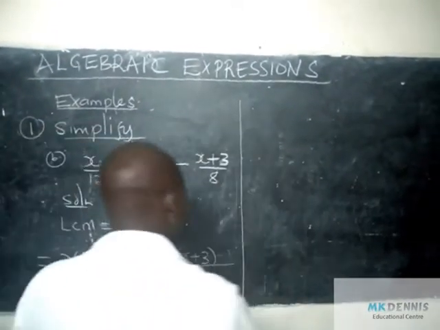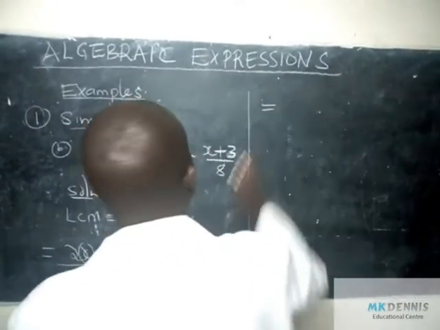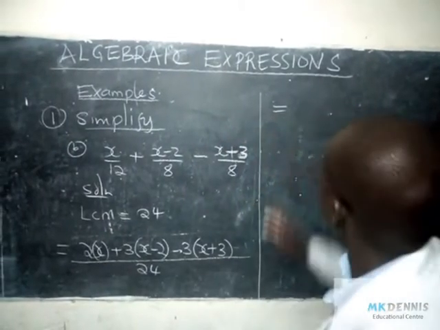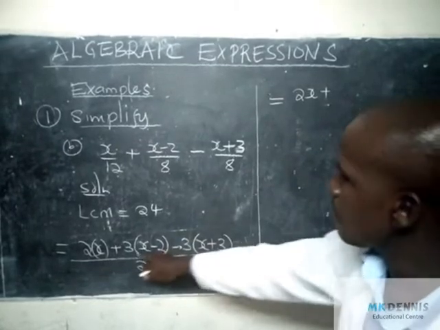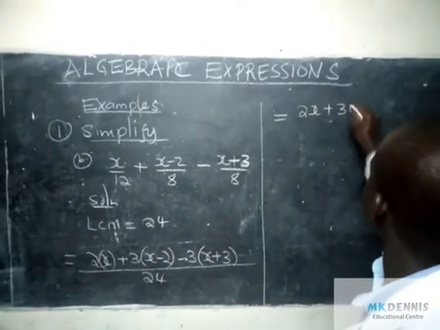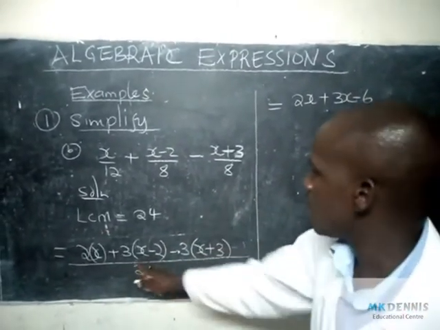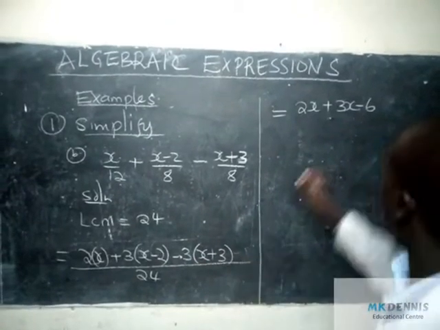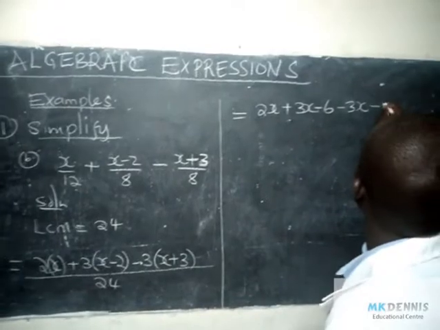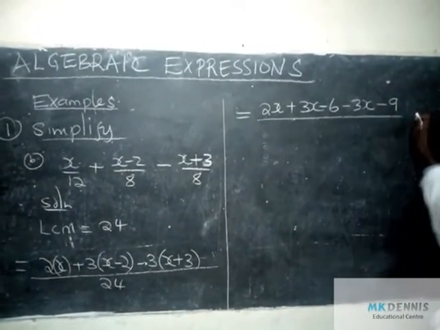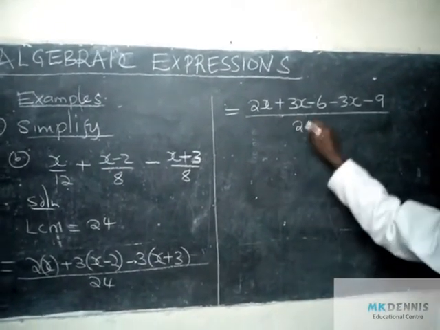Now let's move on to opening the brackets. This becomes 2x plus 3x minus 6, then minus 3x minus 9, all over 24.